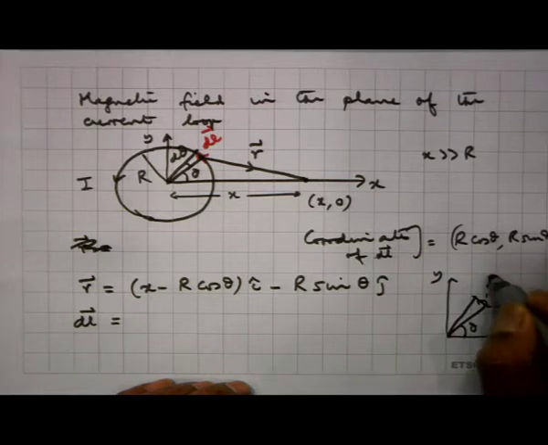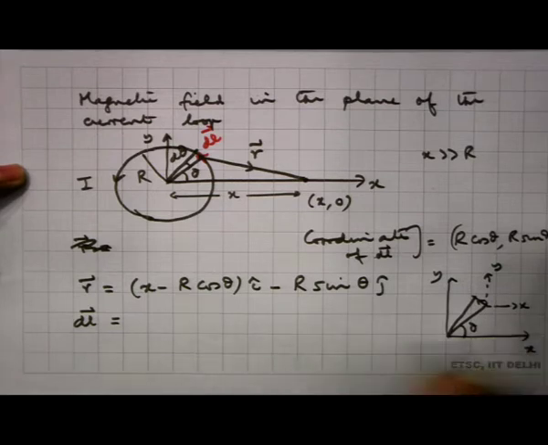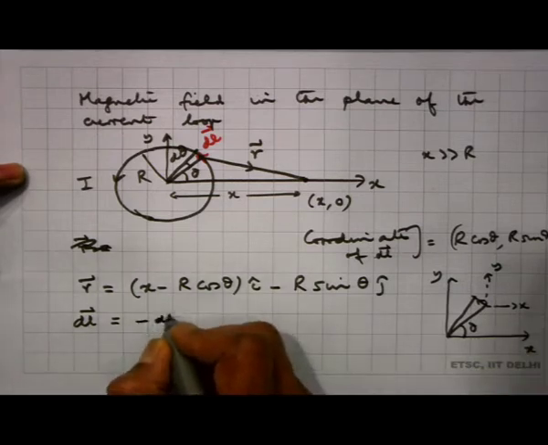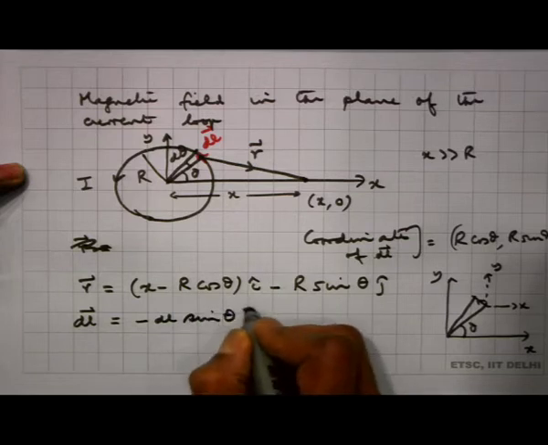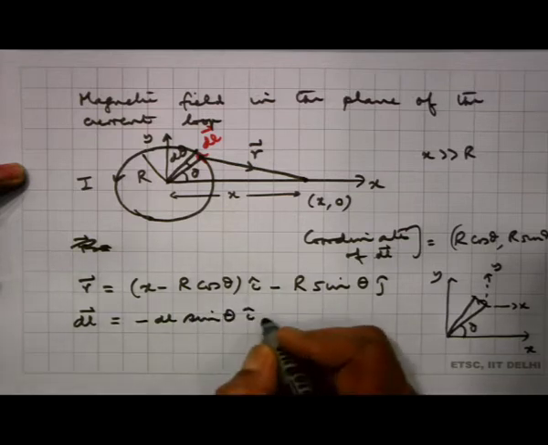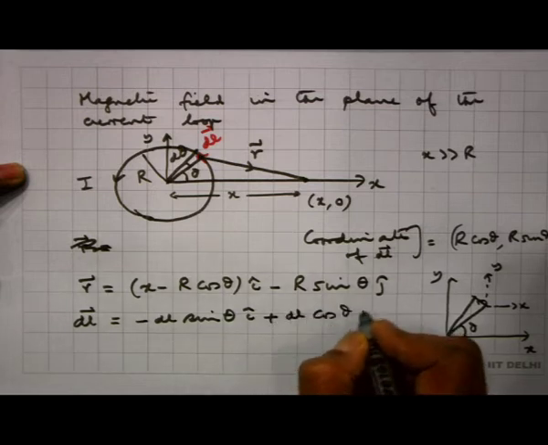You can see the x component is negative, minus dl sin theta, and the y component is positive, plus dl cos theta j cap.